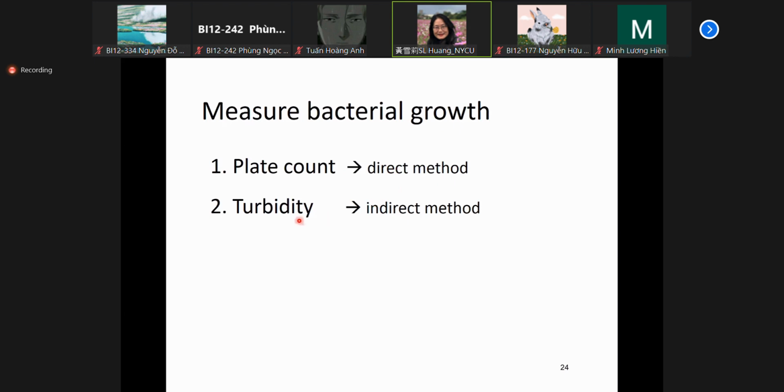And turbidity is normally used for growth in liquid condition. You check the turbidity of the cell culture in order to measure the bacterial growth. This is an indirect method. You don't really count the cell numbers.